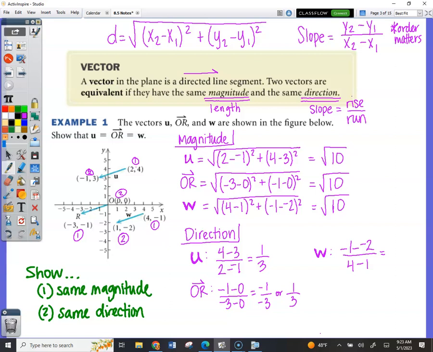So negative 1 plus 2 is 1, 4 minus 1 is 3, and now we can see that all of them have the same magnitude, all of them have the same direction, so therefore you can say that all 3 vectors are equivalent.